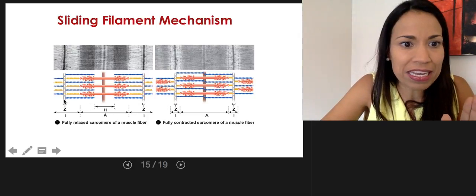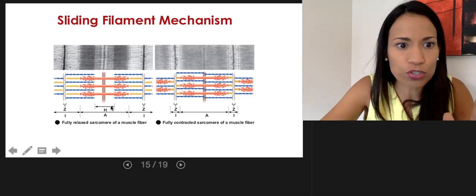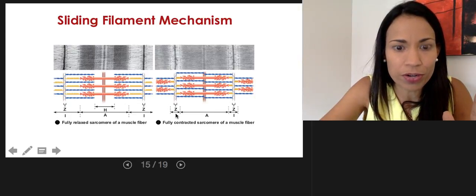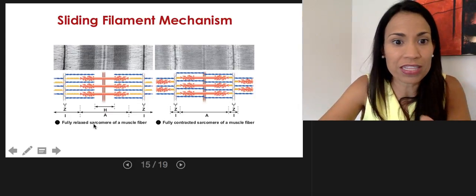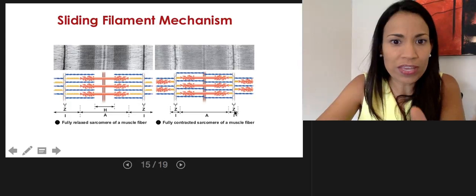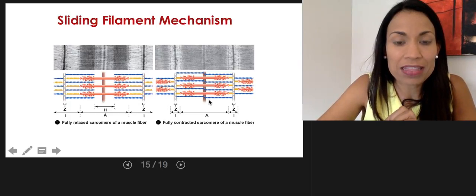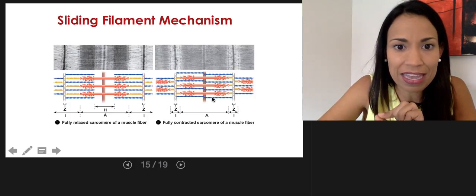What happened in here is that the two Z discs got closer together, shortening the entire sarcomere. See that this contracted sarcomere is shorter than this one. So the Z discs are closer together. The length of the myosin and actin filaments remains the same.